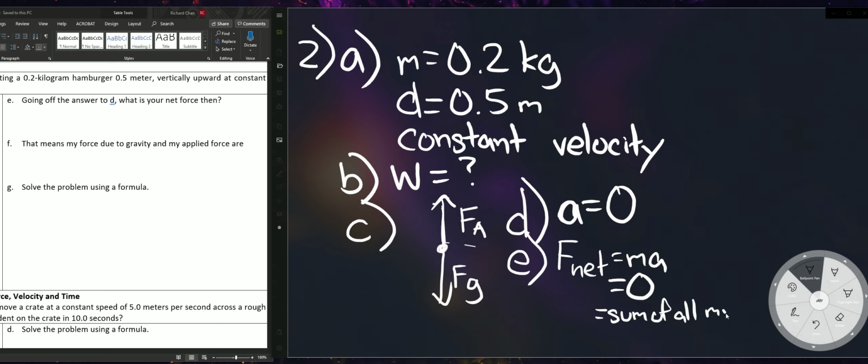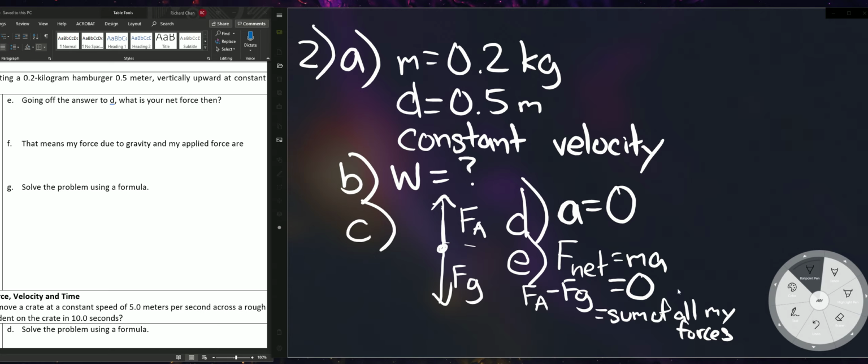F net is just Fa and Fg added together. If you're wondering why I put a negative sign here, it doesn't really matter. I'm just putting a negative sign because Fg is negative, it's going downwards. But it is basically the sum of all your forces.